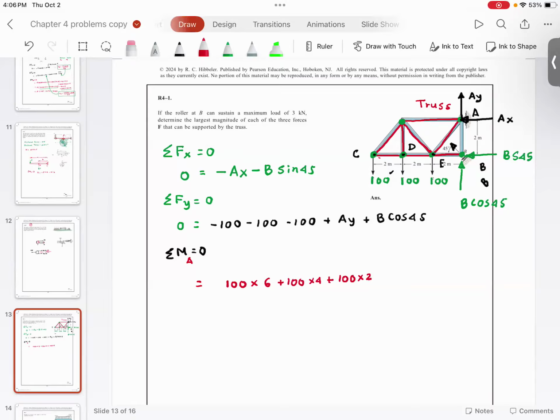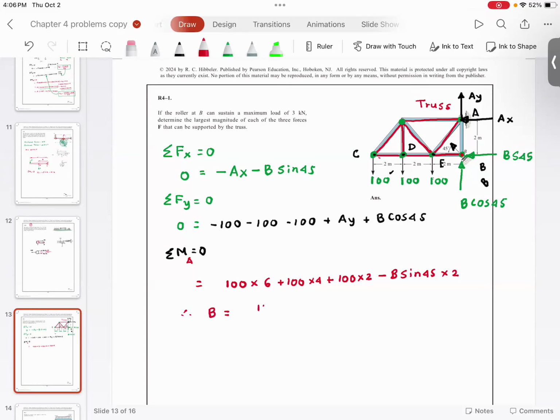And as you can see, B cosine 45 goes through point A, so no moment. B sine 45, curl your fingers in the direction of moment, minus B sine 45 times 2.